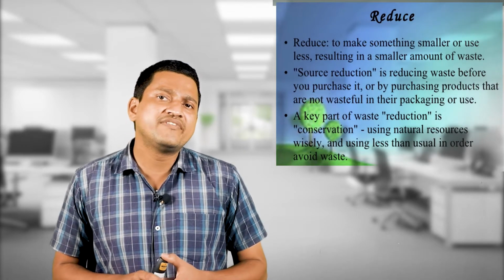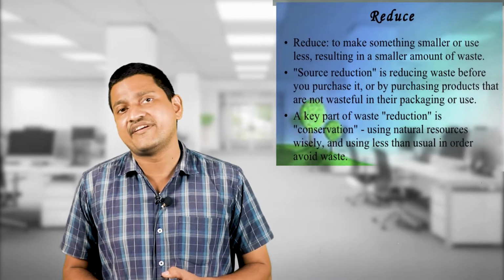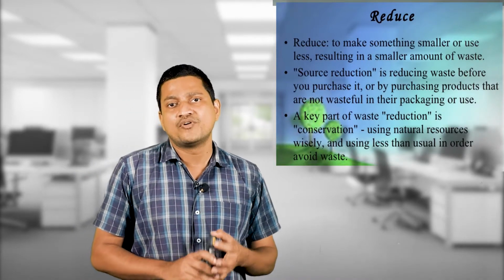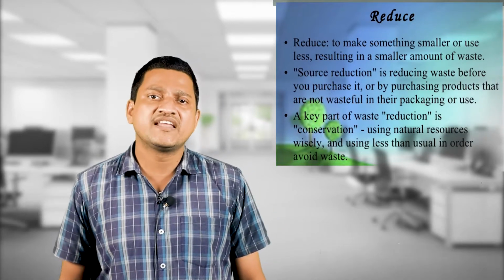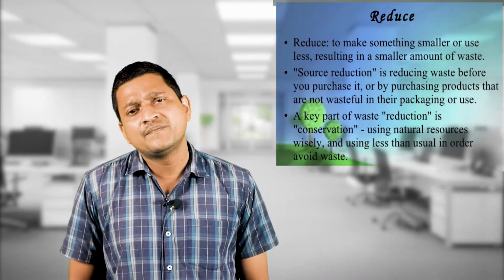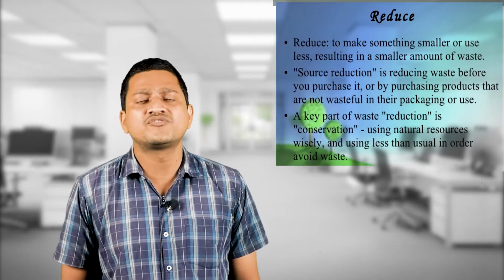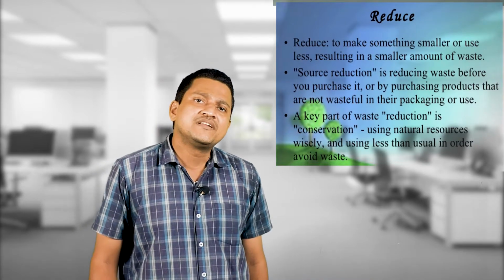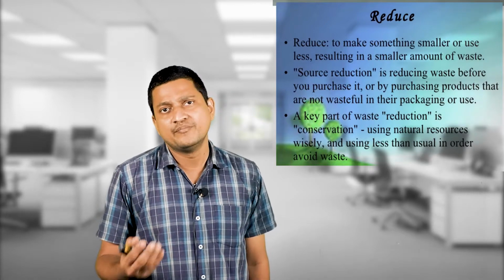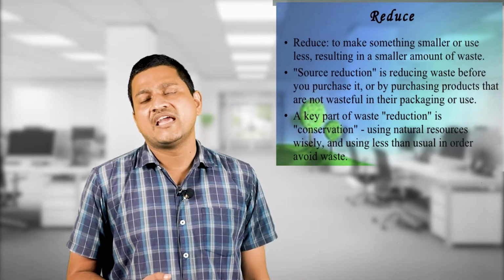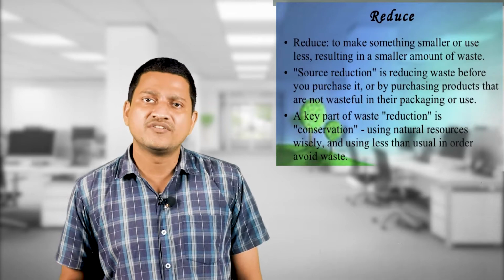A key part of waste reduction is conservation. Conservation is important to reduce waste: using natural resources wisely and using less than usual in order to avoid waste. Sustainable utilization of resources is very important to reduce the amount of waste.